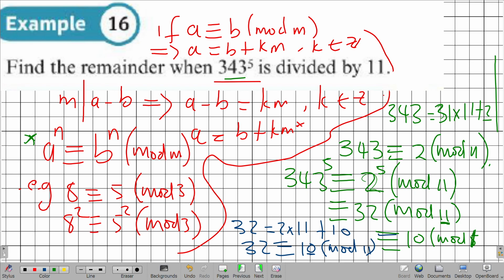Therefore, to answer the question, the remainder when you divide 343 to the power 5 by 11 is 10. That is how we approach number theory in terms of division. Thank you.